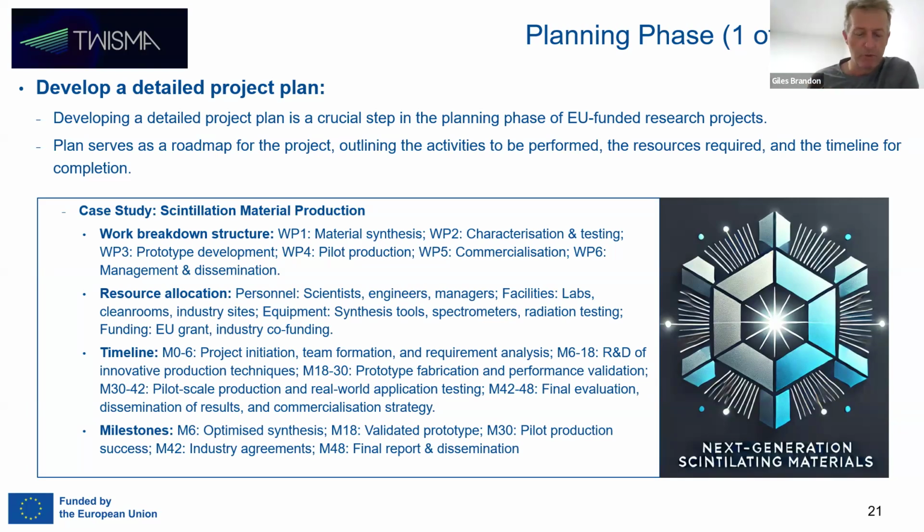For the European Commission, when we're running the project, the aim is to have this prototype, film, photographs, whatever, which we can show them. Month 30, that's when the pilot production should be successfully completed, or at least that's our aim. And month 42, industry agreements, month 48, final report and dissemination.